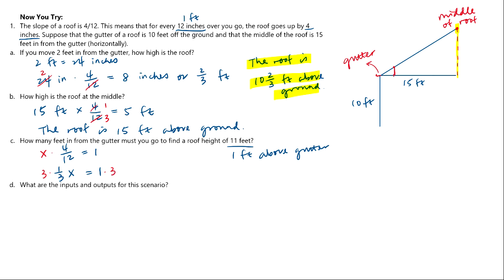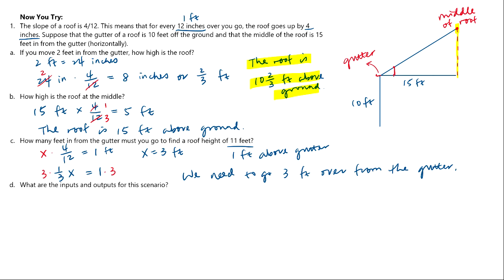Therefore, x is equal to 3, and because we're talking about feet in the calculation, x will be equal to 3 feet, and that's what the question is asking. So we would say we need to go 3 feet over from the gutter in order to find the roof height of 11 feet.